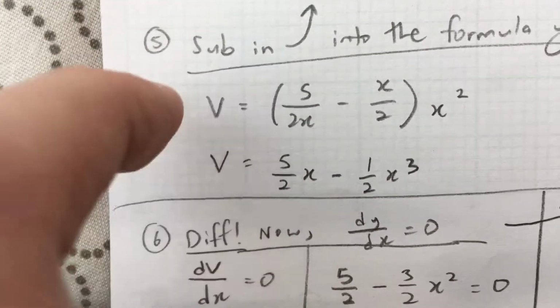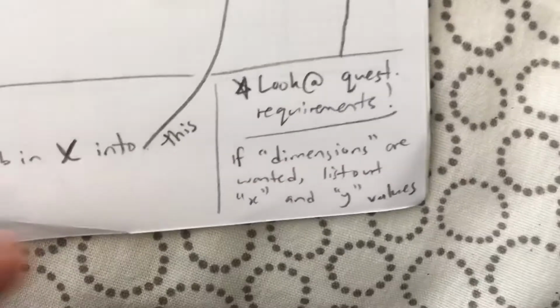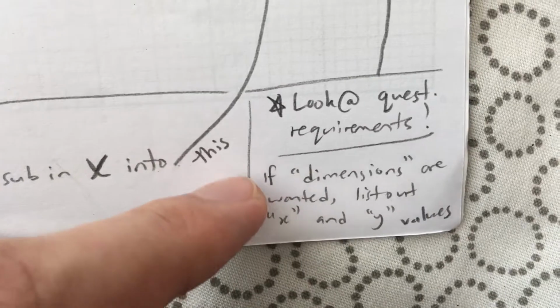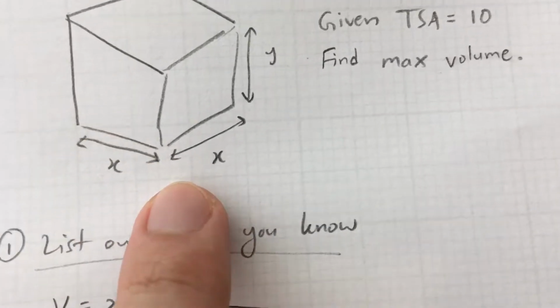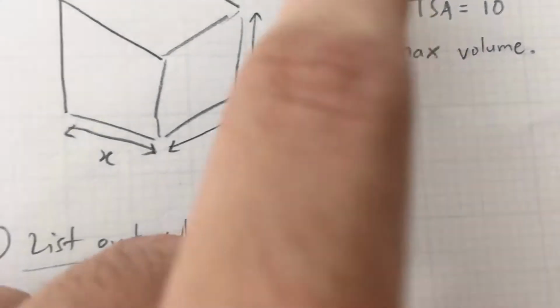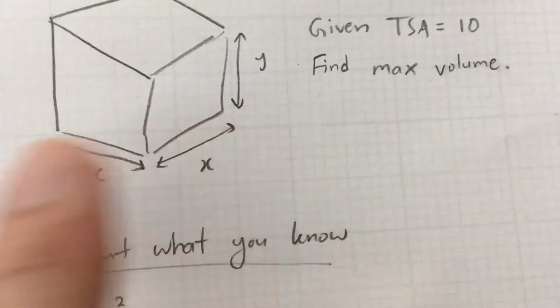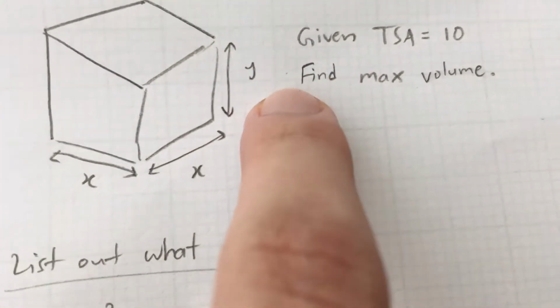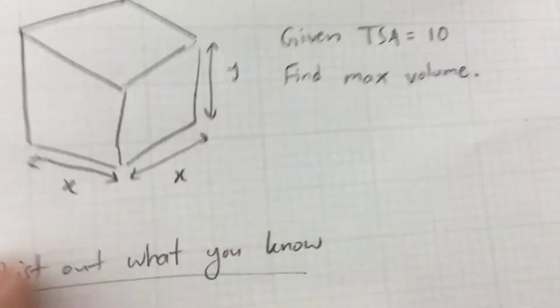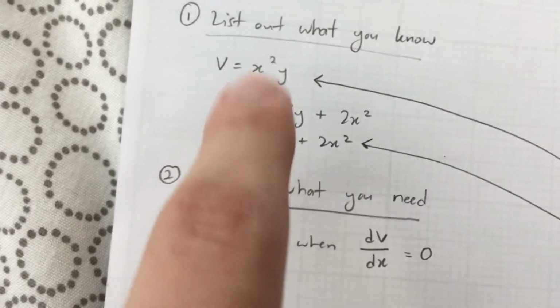Always look at the question requirements. They might ask what the maximum dimensions are. Well, you have to list out the value of x and the value of y, so you can say that the dimensions are this times this times this. And you can find all of these just by subbing in the answers that you found from the previous ones.